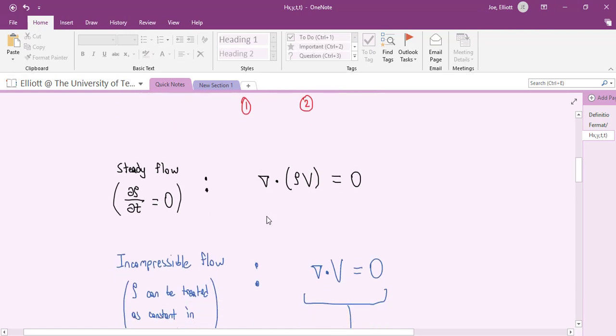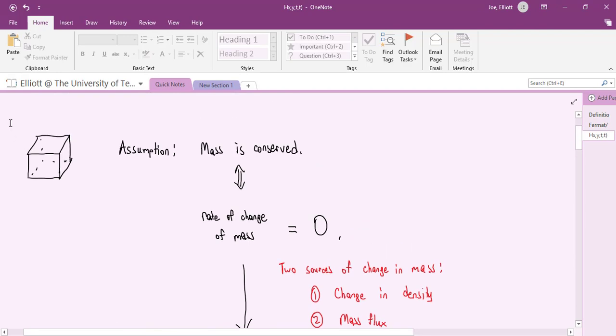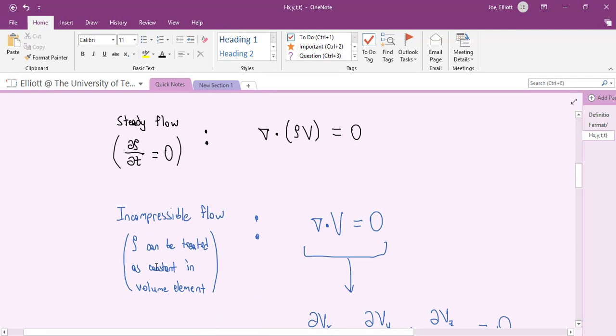Now, for an incompressible flow, the key physical assumption is that the density within a volume element, so within like a tiny cube, can be treated as a constant.